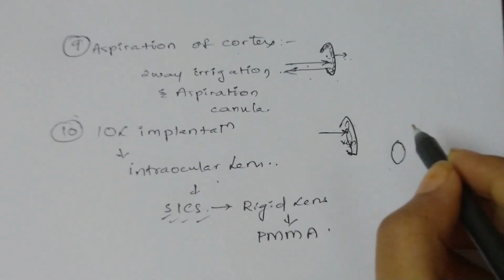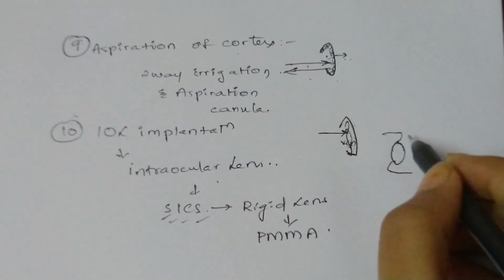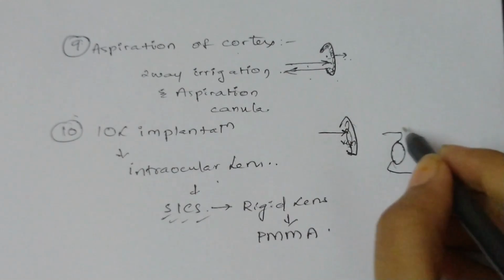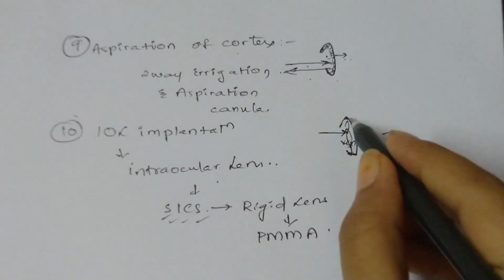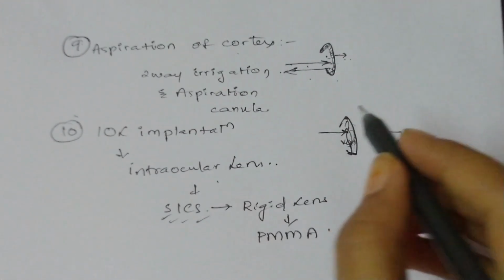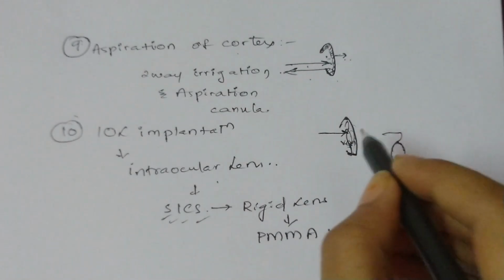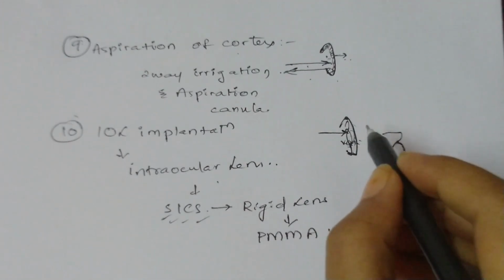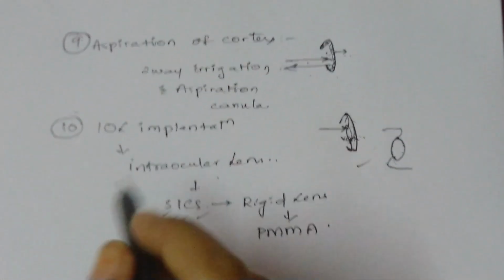IOL has two main parts, optic and haptic. This is optic and this is haptic. This haptic fits in these areas and the optic will be here. So we will fit this IOL in the capsular bag in the posterior chamber. Now IOL implantation is over.